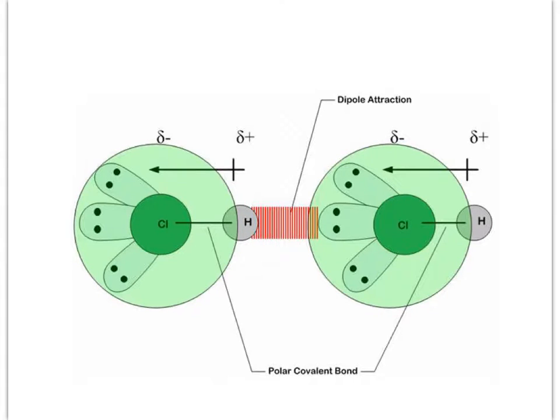So here's a picture. This is of hydrochloric acid. You can see the way the dipole is set up. You have the positive charge on the hydrogen, and most of the electron density is around the chlorine because there's those 3 electron pairs. And so the hydrogen on this hydrochloric is attracted to the lone pairs on the chlorine on this hydrochloric.